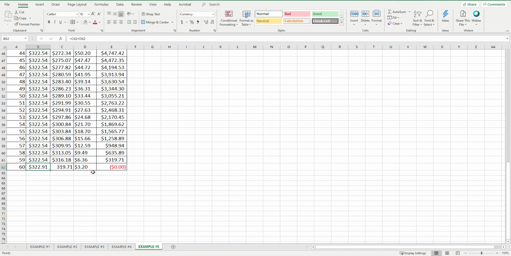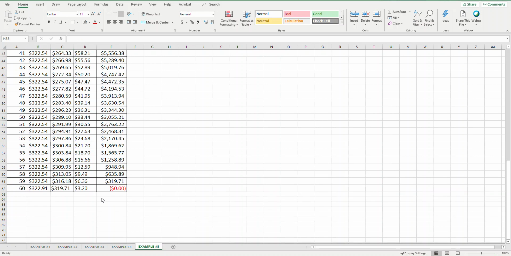Notice that in this case the amount that needed to be paid off was actually a little larger. So now we can see that the balance has been paid off.